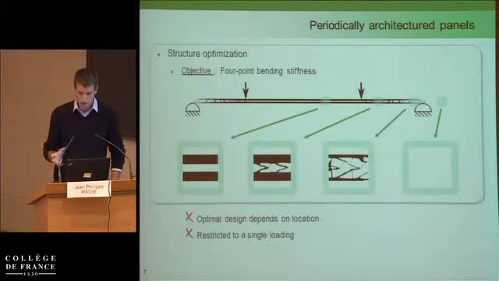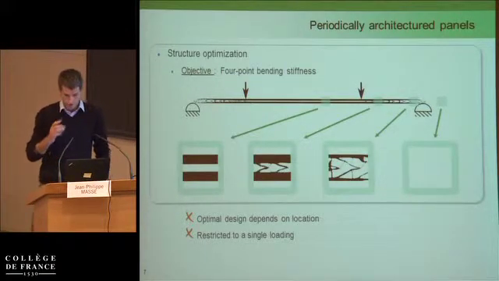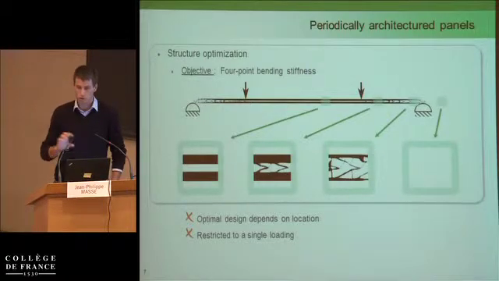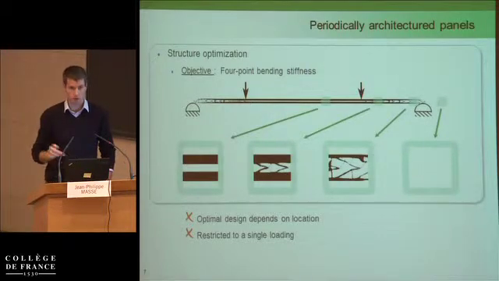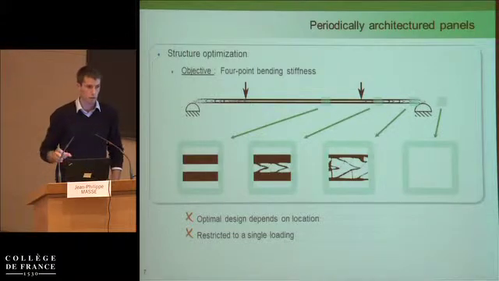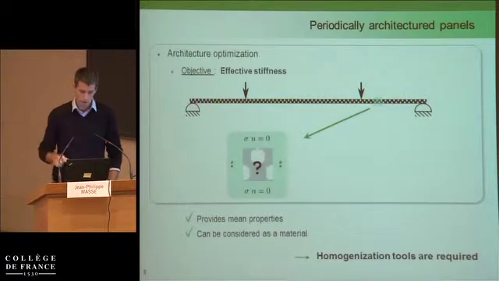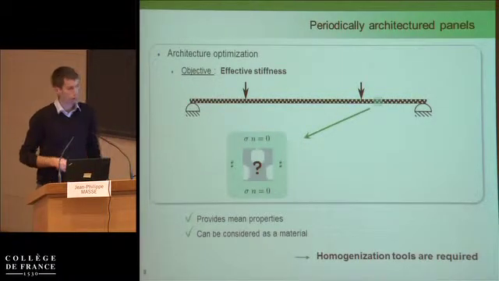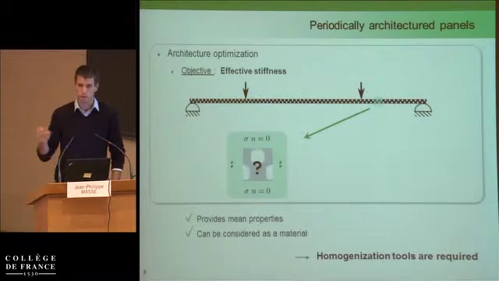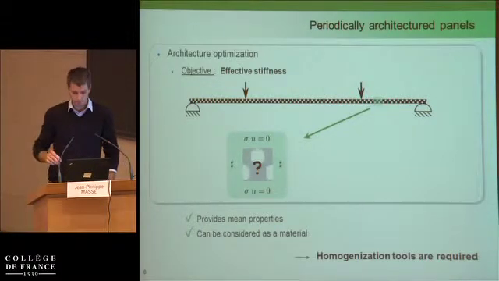And so this is not what we are looking for, because the structure here is really linked to the position of the boundaries and the solicitation, and we are talking about a more general material. We can put whatever solicitation or loadings. So we will be more interested in a periodic pattern repeated all along the panel.